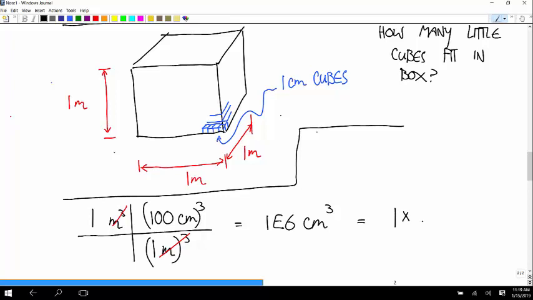But what I mean there is 1 times 10 to the 6 cubic centimeters. Any questions about that? Okay.